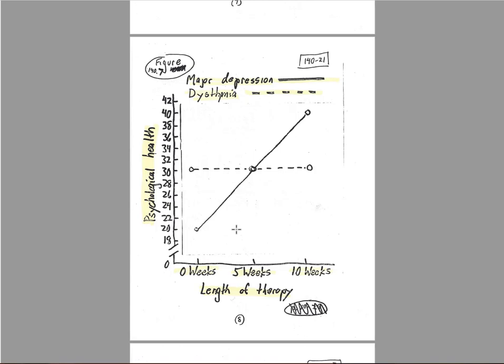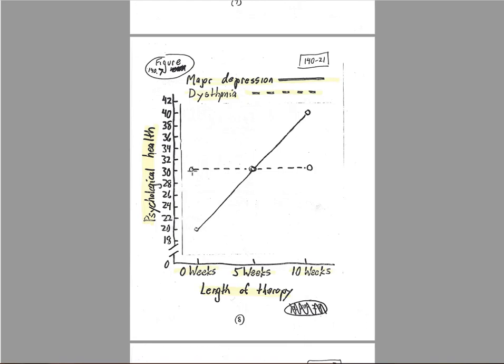However, I get a different set of results if I focus instead on the people that suffer from dysthymia. In this case, length of therapy doesn't have any effect on psychological health if I look only at those people that suffer from dysthymia.